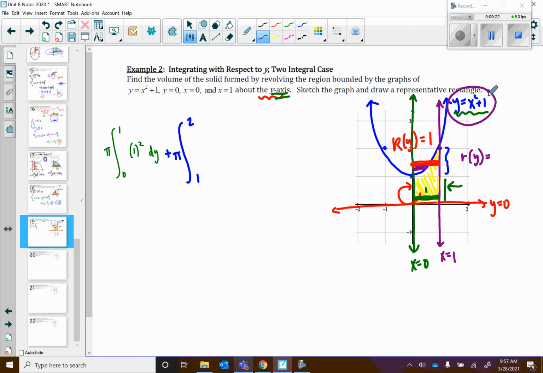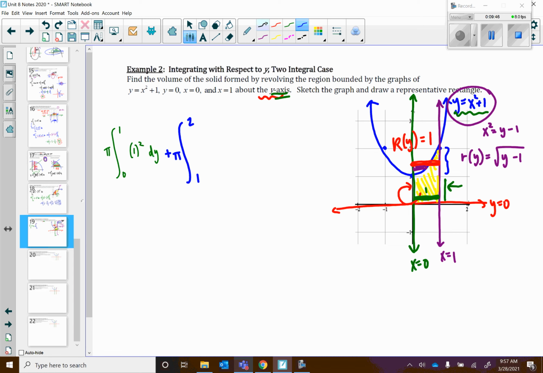So actually, I need to solve for x here. So I'm going to subtract 1. X squared is equal to y minus 1. X is equal to the square root of y minus 1. Now, technically it's positive or negative, but because I'm looking at the version that is to the right of our axis, I'm looking at the positive piece, so I can keep it as just that positive.